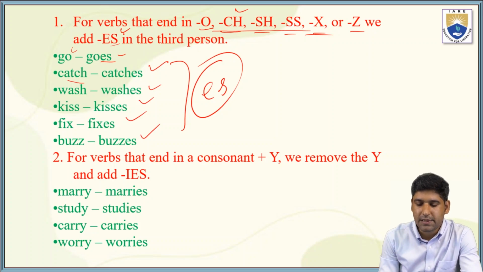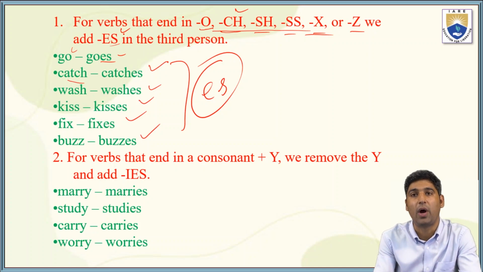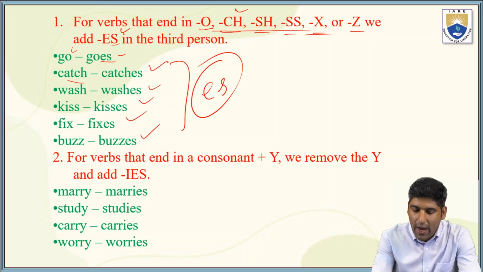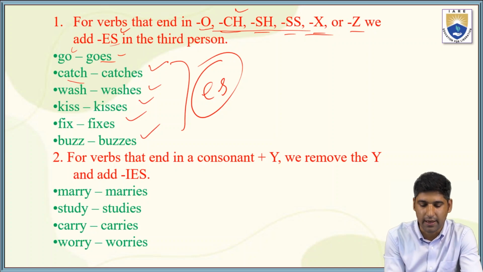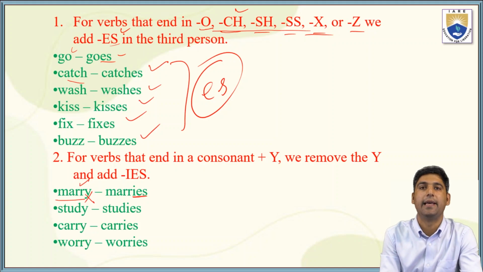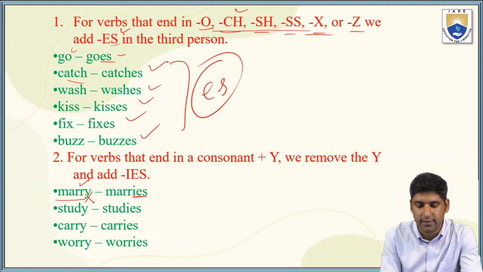Now for the verbs that end with a consonant plus y, where y is preceded by a consonant, we remove y and add ies. See, marry: r is a consonant, and we are omitting y and instead of y we add ies. Marry, marries.